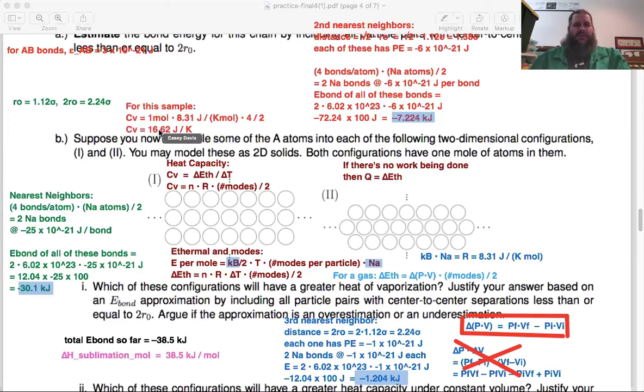So this sample has a heat capacity of 16.62 joules per Kelvin. Or alternatively, you could just say 2R if you want to leave it in terms of R. And again, that represents the difficulty of changing the temperature, that it costs 16.62 joules of energy per Kelvin that you want to change the temperature.